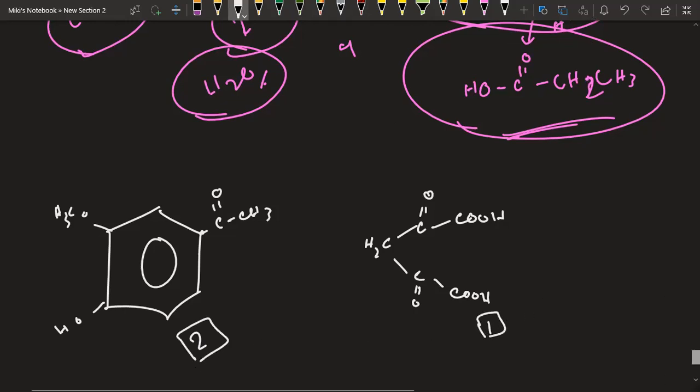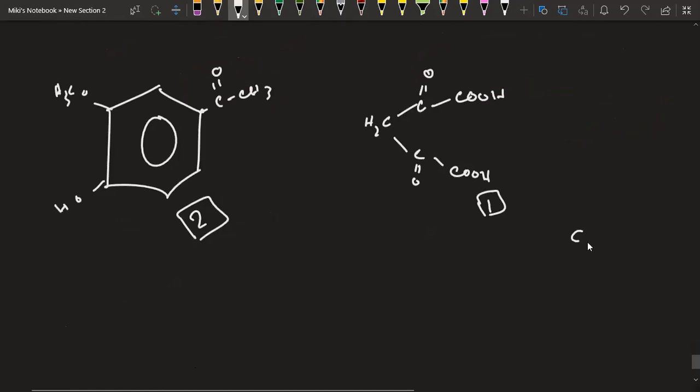Now, the molecular formula of curcumin is given as C21H20O6. Now, how can we put them together to form such a molecule? Let's see. What products are usually formed when we add hot KMnO4 to a double bond?